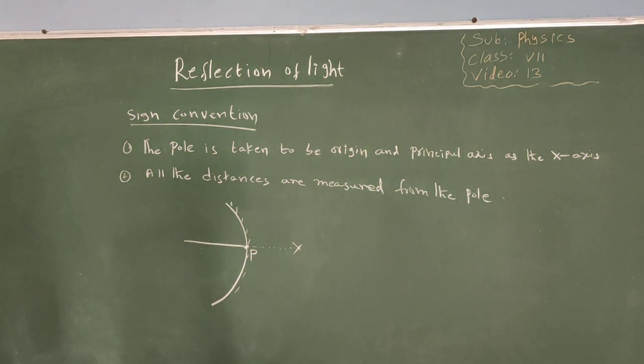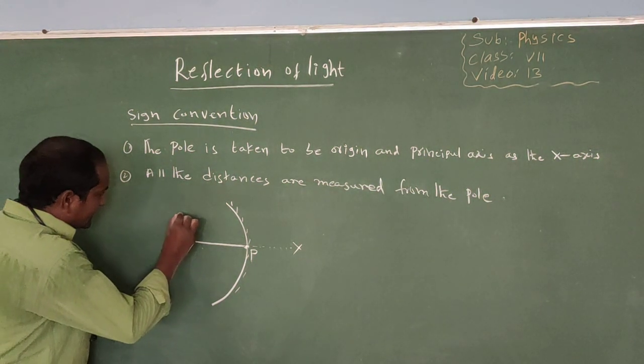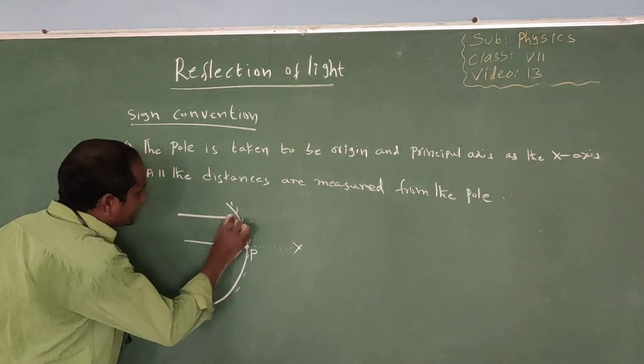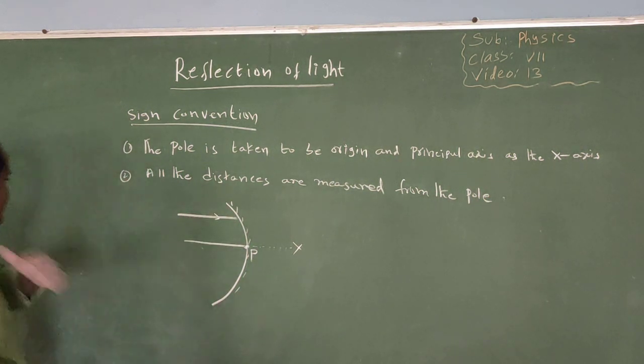The distance measured in the direction of the incident ray is taken as positive. For example, this is the incident ray. The distance measured in the direction of the incident ray is positive.